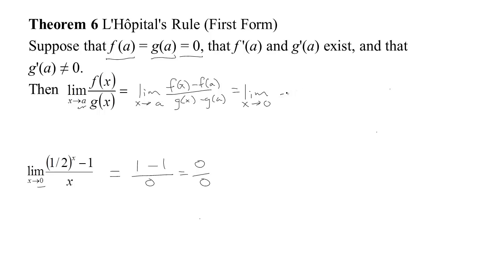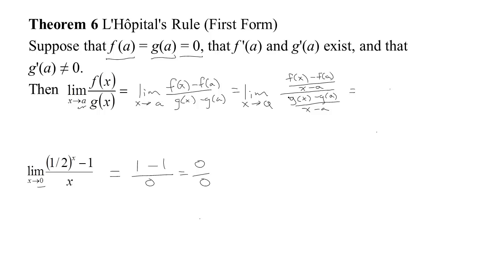For each of those I need to divide by the change in x. So if you go from a to x, then the change in the inputs would be x minus a. And I see that I can divide top and bottom by that quantity x minus a. Oops, this is the limit as x tends to a.